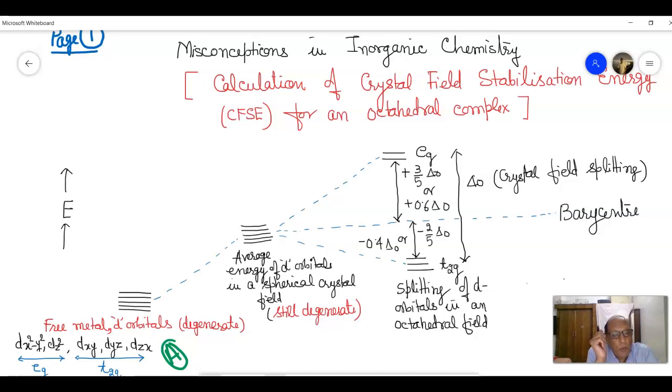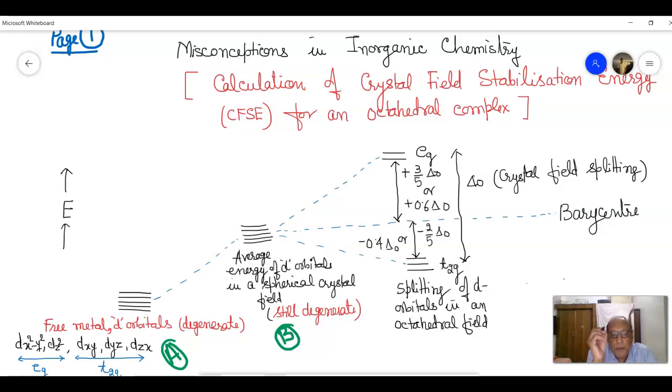Well, when this metal atom or ion is approached by six monodentate ligands, then on account of repulsion between the electrons of the d orbitals and the negative charge of the ligands, the energy of the system as a whole increases slightly and the metal ion comes to the stage B, where we are giving the average energy of d orbitals in a spherical crystal field.